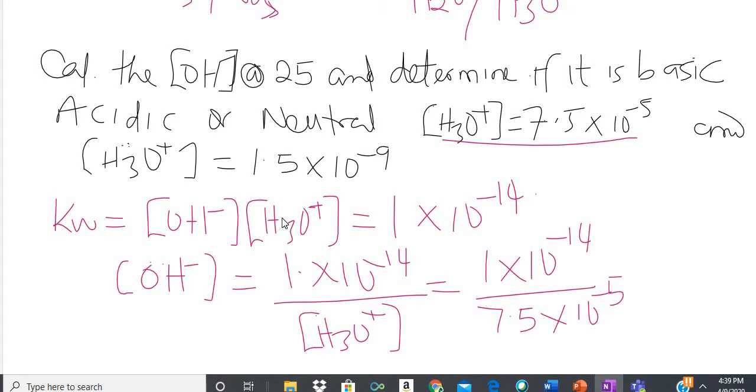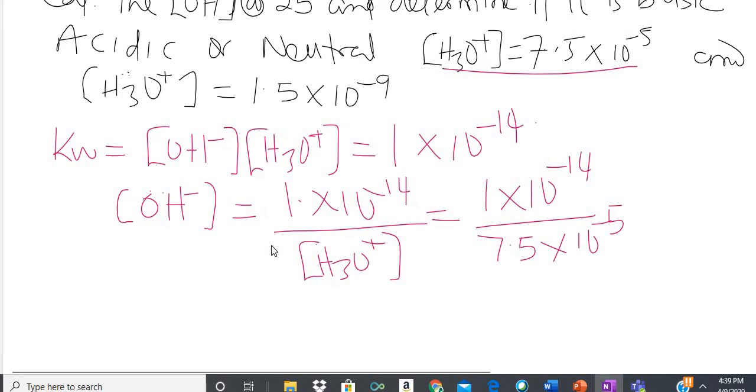If you plug this into our calculator, it's going to give us 1.3 times 10 to the negative 10.